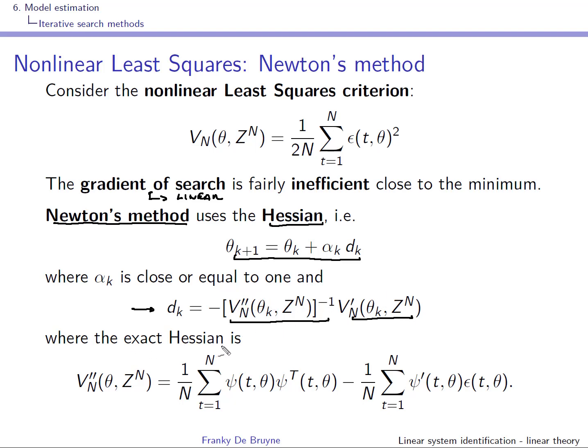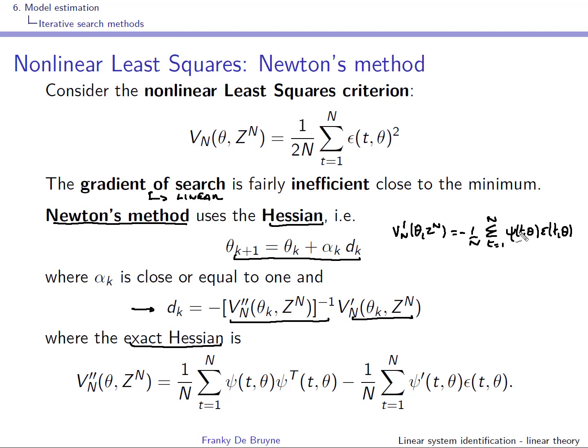So what we do here is compute the exact Hessian, and for that we start from the gradient. The gradient is given over here. It was minus 1 over n, a sum for t equal 1 to n of psi t of theta times epsilon t of theta. We have to take the derivative of this with respect to theta, and you can see that there will be two terms.